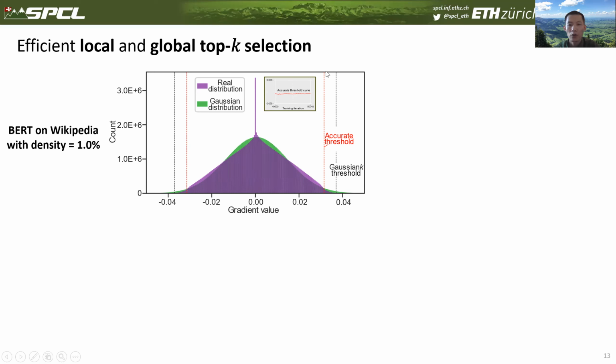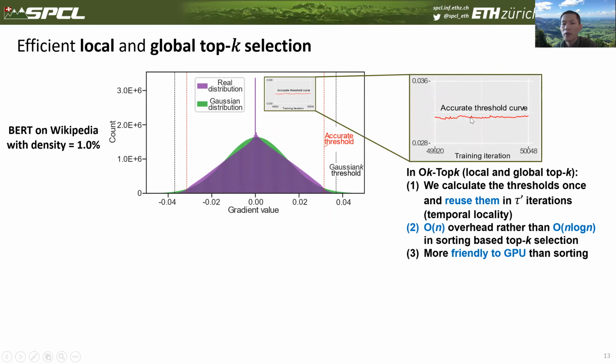In the figure, the red line indicates the accurate threshold for top K values, and the black line is the threshold predicted by the Gaussian distribution. We can see there is a big difference between these two thresholds. This means that the threshold predicted by the Gaussian distribution is not accurate enough.